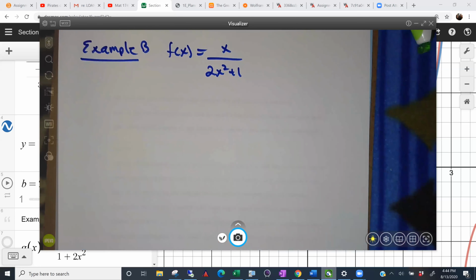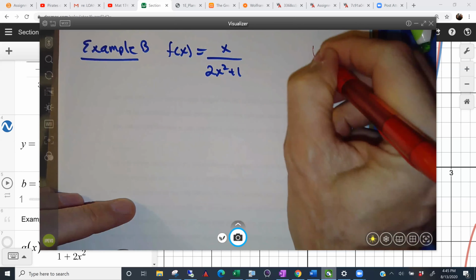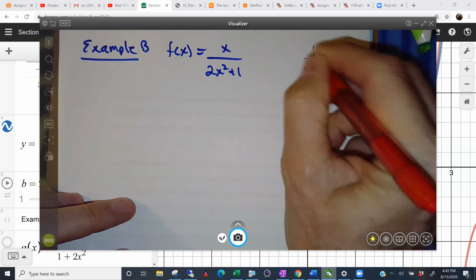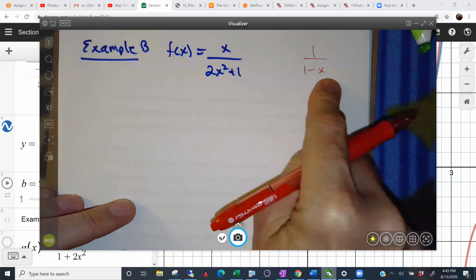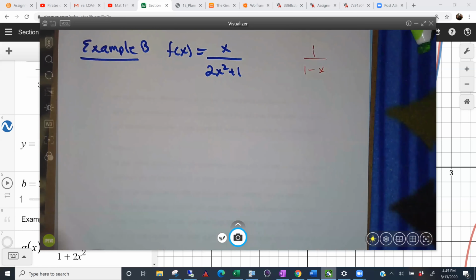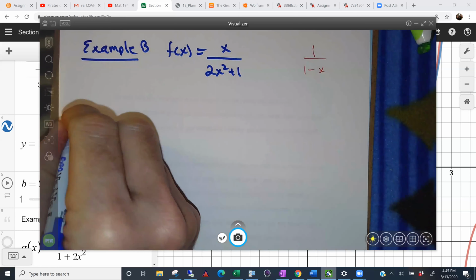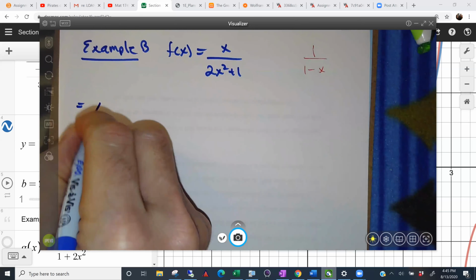We're going to play the same game we did with the last one. We want to make this look like something of the form 1 over 1 minus x. So that's our goal. To get there, the first thing I'll do is I'll factor out the numerator like I did last time.